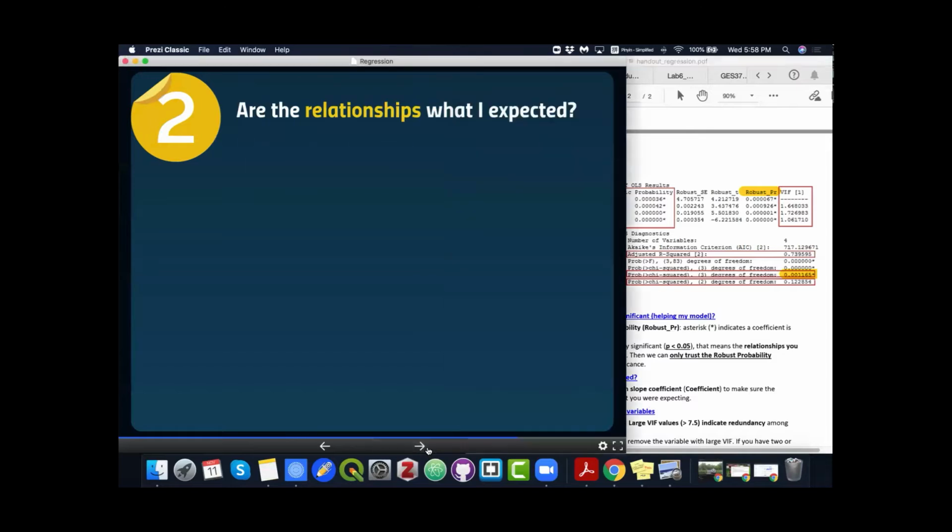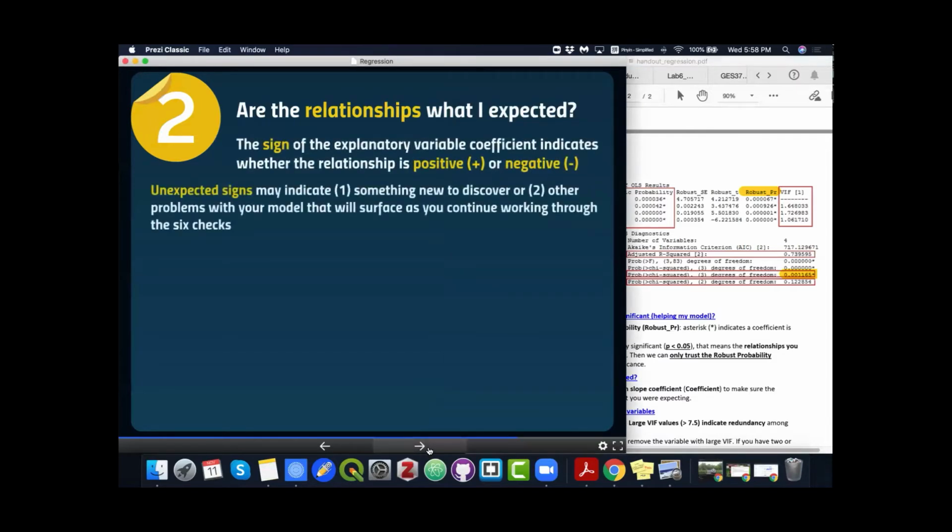So for the second check, we're basically looking at the sign of the coefficient for each explanatory variable and seeing whether it is what we expected. Sometimes it can happen that the sign is different. You're expecting a positive relationship, however, you're seeing a negative sign. So there are many possible reasons.